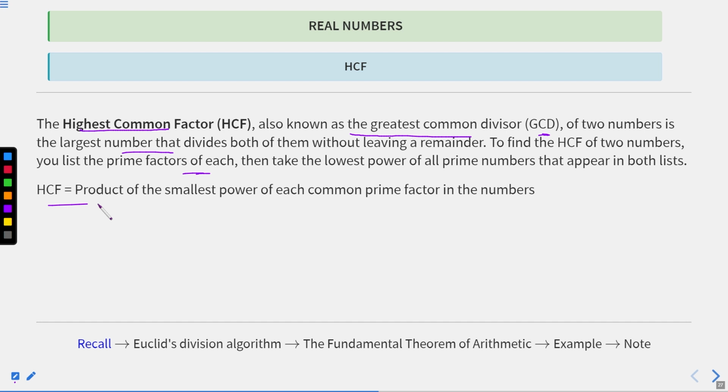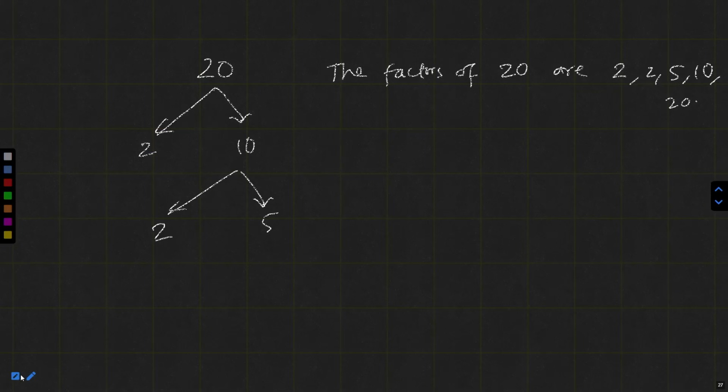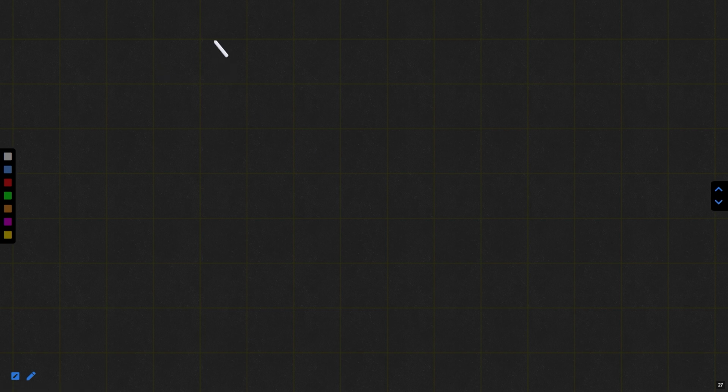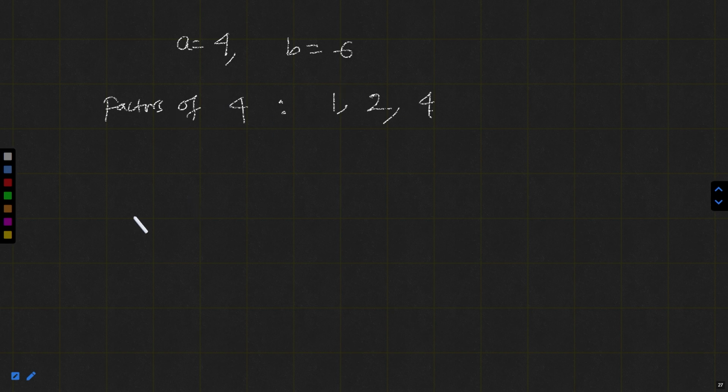Suppose we have two numbers, A equal to 4 and B equal to 6. The factors of 4 are 1, 2, 4, and the factors of 6 are 1, 2, 3 and 6.